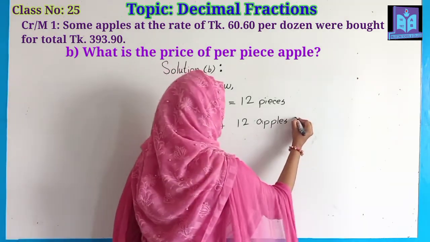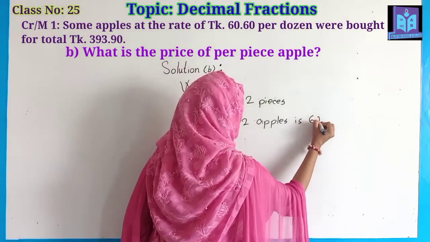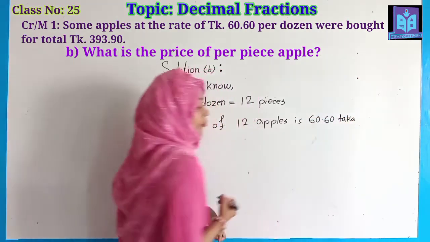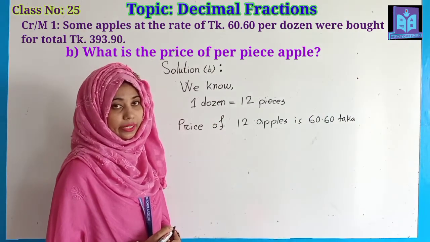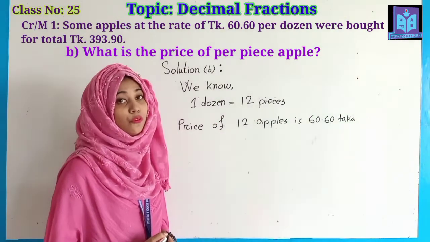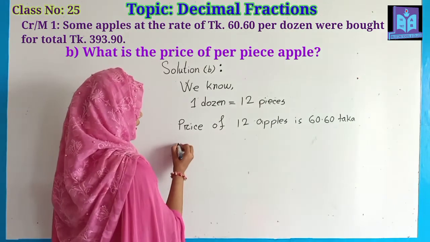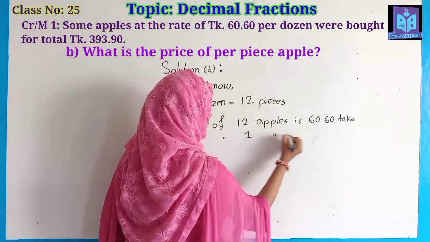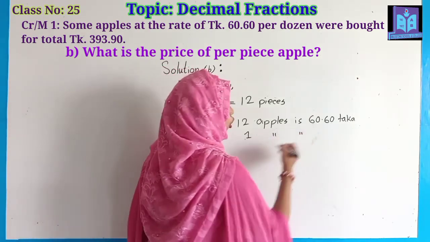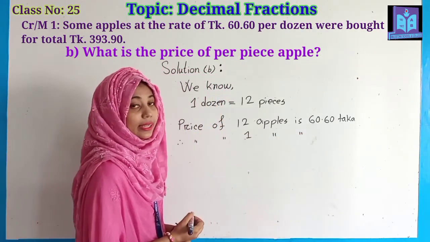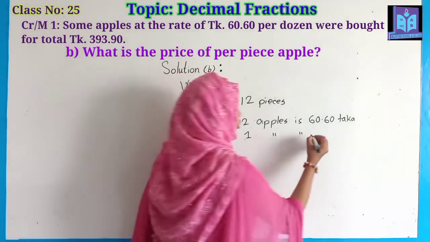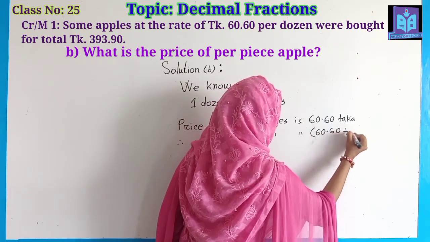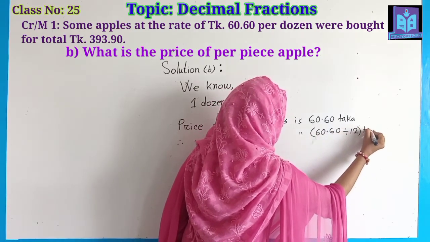Yes, 60.60 taka. Now dear kids, we will find the price of 1 piece. That's why we will write, therefore price of 1 apple is, which process we are doing? Yes, division. Now we are doing division. 60.60 divided by 12 taka.